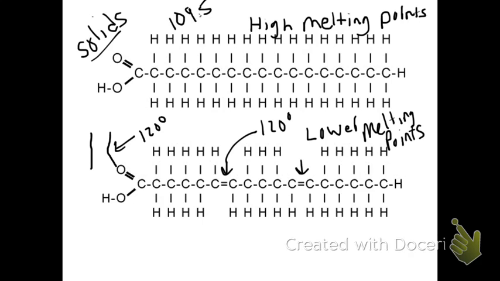So at room temperature, unsaturated fatty acids are going to be oils. They're going to be liquids instead of solids like we see with saturated fatty acids. That's also a really important thought here.